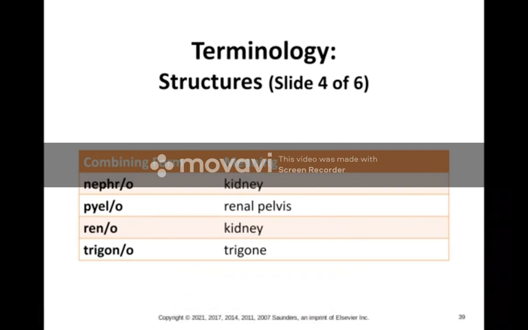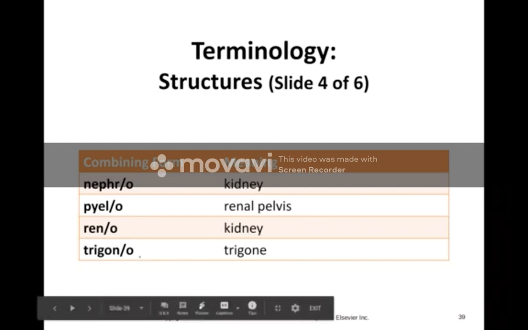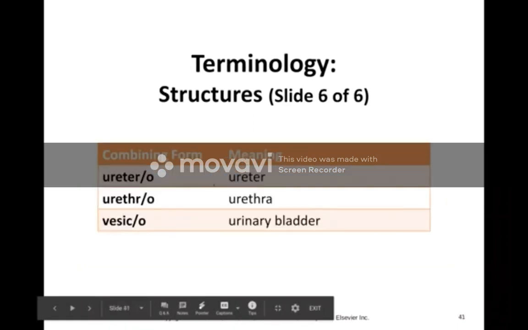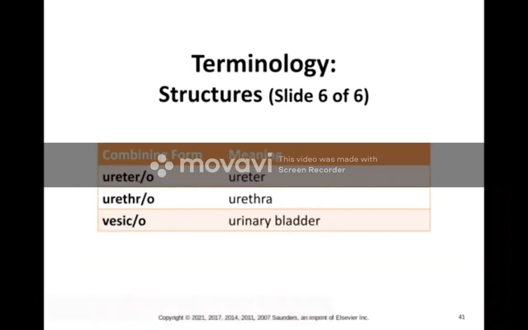Nephro, kidney. Pyelo, which is pertaining to the renal pelvis. Reno, or kidney. Trigono, trigone. Ureter, or uretero, meaning ureter. Urethro, meaning the urethra. And vesico, or vesic, pertaining to the urinary bladder.